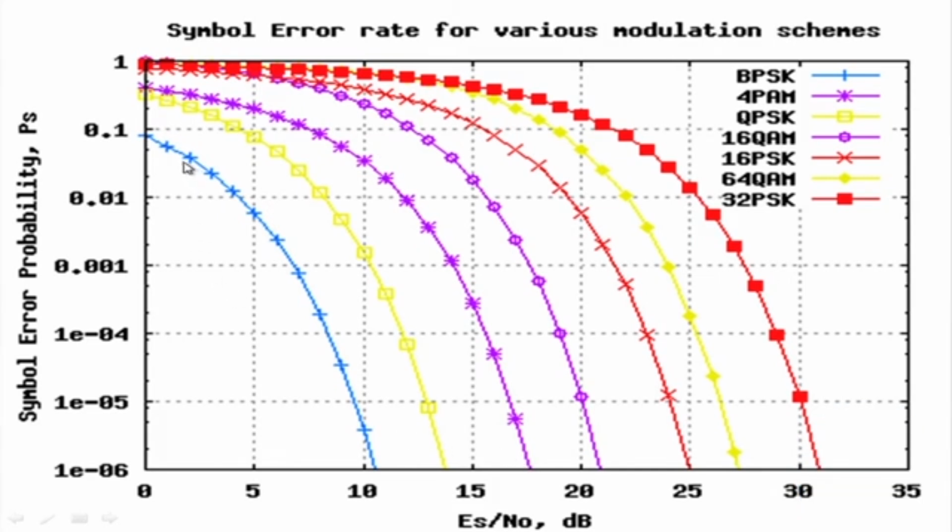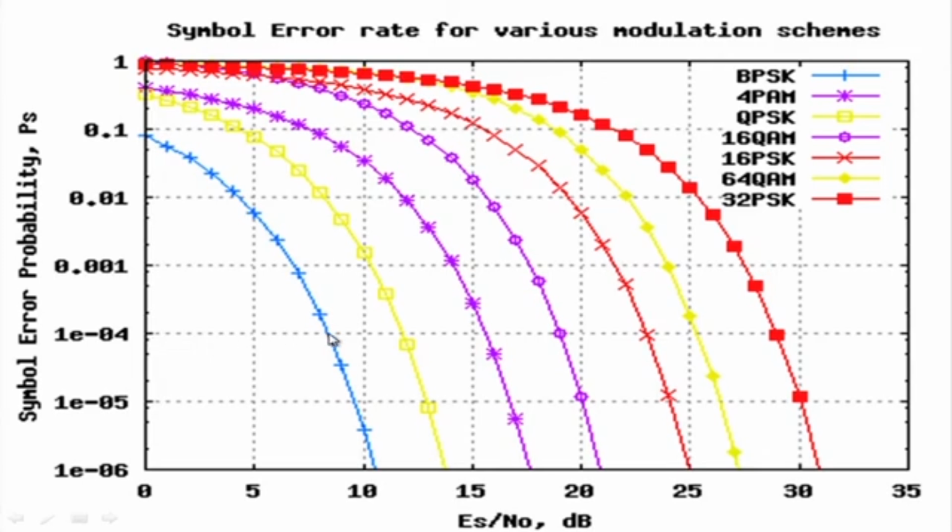You are aware of this curve, that is Es by N naught versus symbol error rate, or Eb by N naught versus BER, for different types of modulation, from BPSK to higher order PSK. This is taken from a paper, showing BPSK, QPSK, 16 QAM, 16 PSK, etc. You can see for a particular BER, when you go for higher order PSK, you need higher Es by N naught. That means you need more power. Let us take BER 10 to the power minus 4, or symbol error rate 10 to the power minus 4.